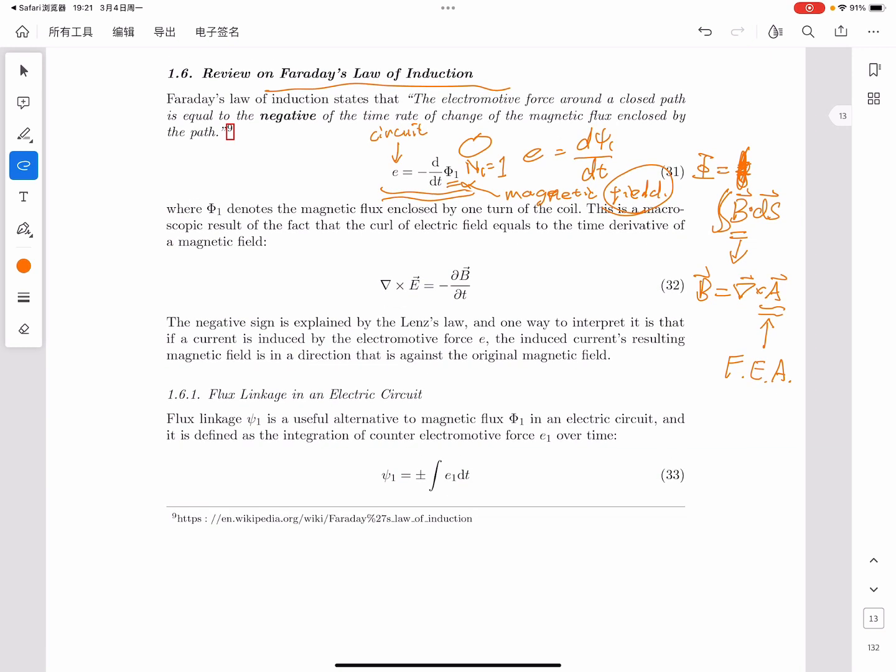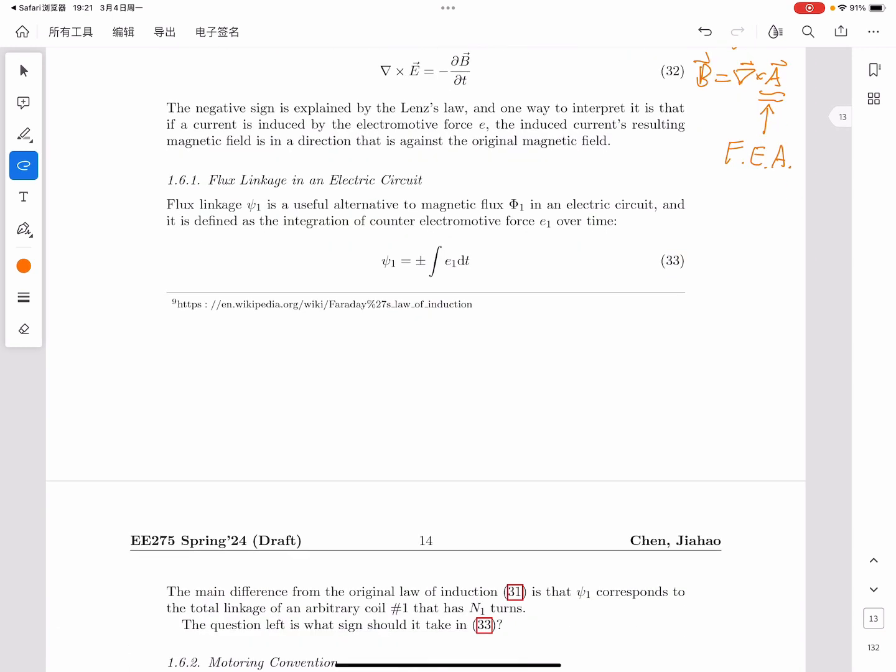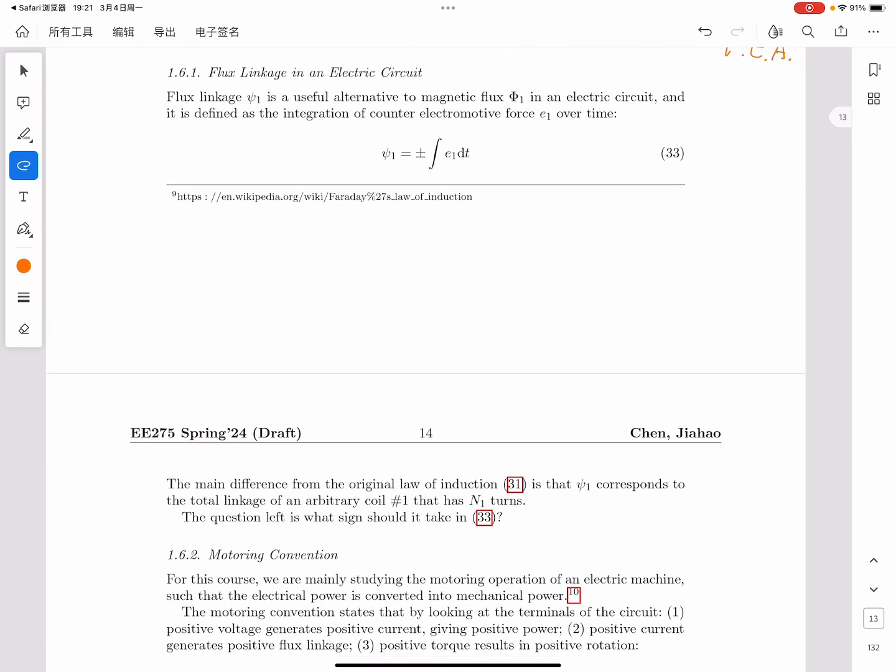To avoid those field quantities, we introduce a different variable that's only valid in a circuit. So it's defined as the flux linkage. It's equal to the time integral of the back EMF over time.